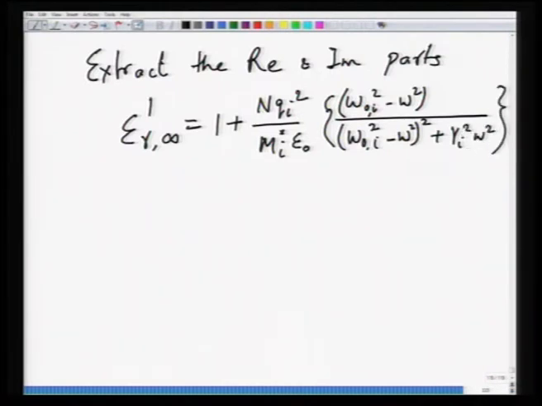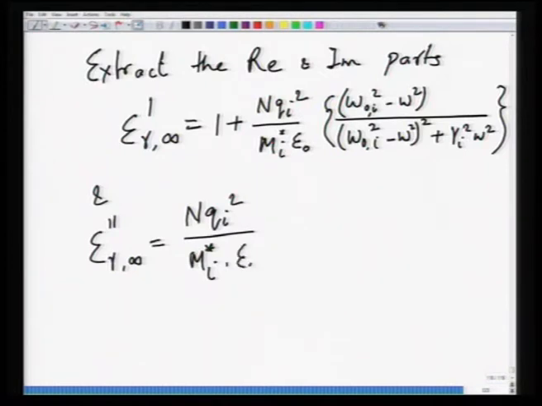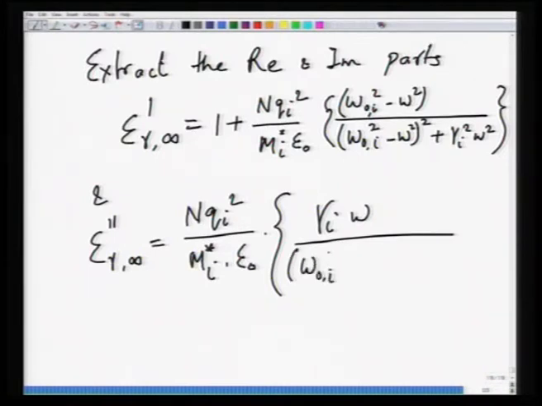So this is the real part of the dielectric constant, and you get the imaginary part, which is equal to n q I square divided by m I star into epsilon naught into omega naught I square, that should come in real part. This would be gamma I omega divided by the same thing, omega naught I square minus omega square to the power 2 plus gamma I square omega square. So here we are able to separate the real and imaginary parts of the dielectric constant.